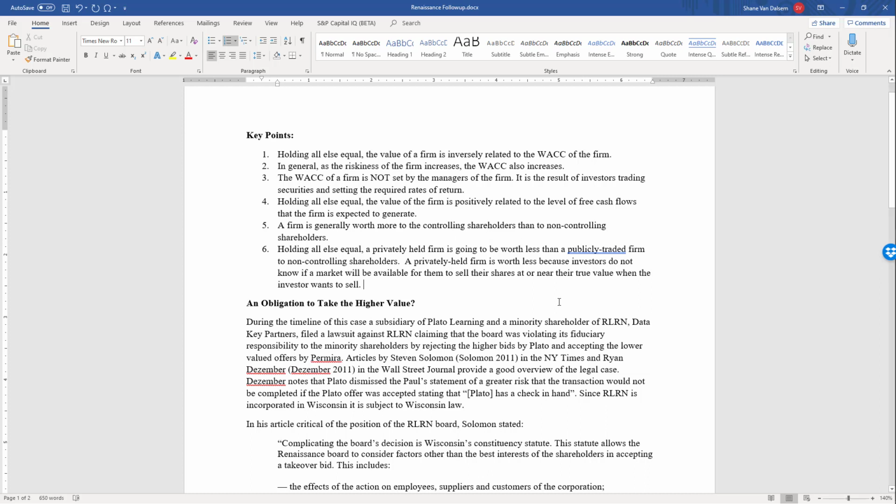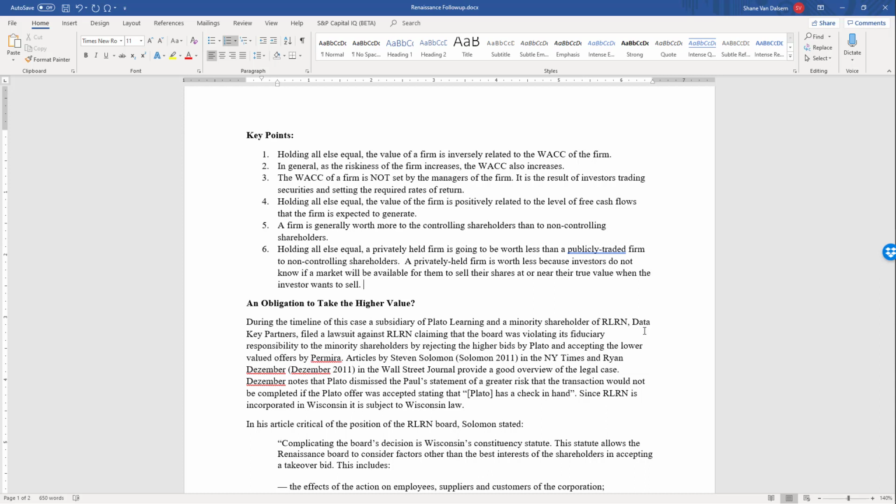They were also a minority shareholder of Renaissance Learning, and I don't know when they purchased their ownership stake. It might have been after Renaissance started indicating that they wanted to sell the company, and so they could have a position in the company at that point.